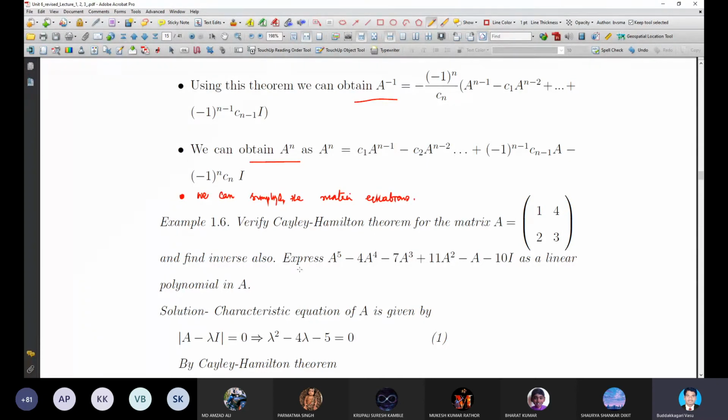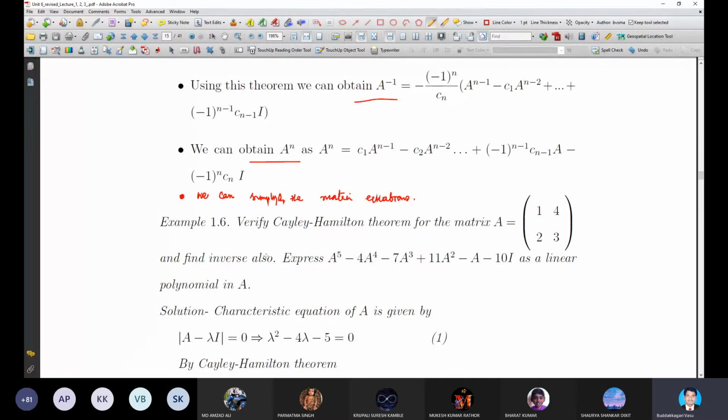So here you see the question: express this matrix equation as a linear polynomial in A. So this total value we can express as a linear polynomial in A, and therefore we can easily solve that. Okay, good. So these are the questions we can expect from the Cayley-Hamilton theorem.